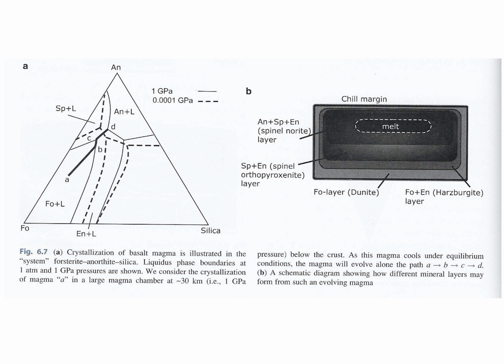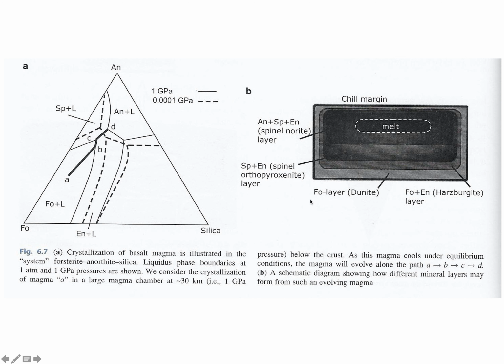We consider the crystallization of magma A in a large magma chamber at 30 kilometers depth. That means we are talking about a pressure of 1 gigapascal below the crust. As this magma cools under equilibrium conditions, the magma will evolve along the path A, B, C, D. At 1 gigapascal we start here, A to B, B to C, and C to D.